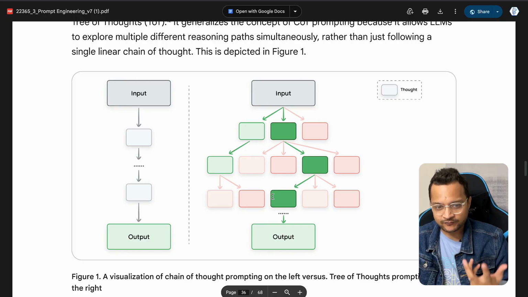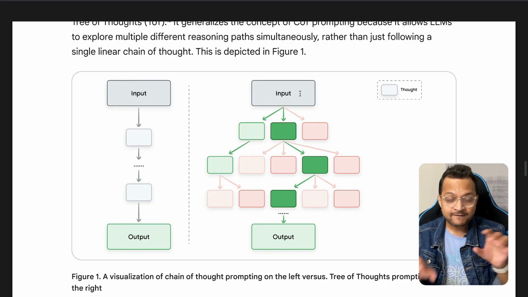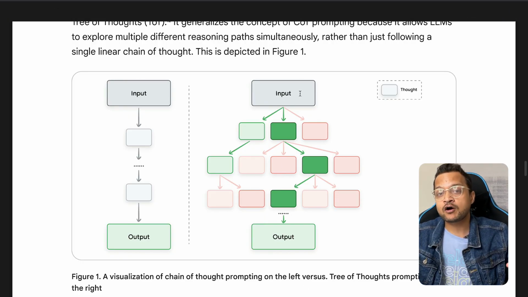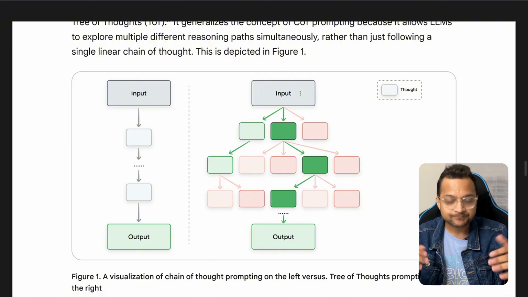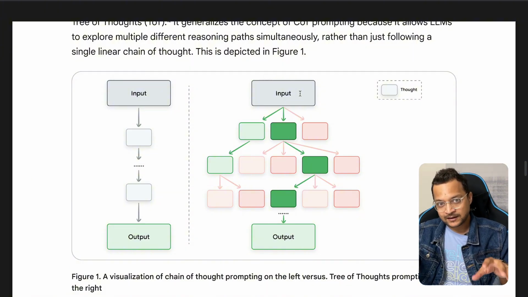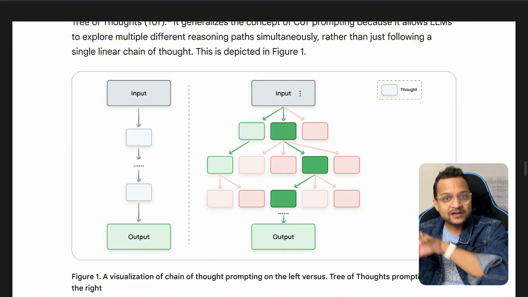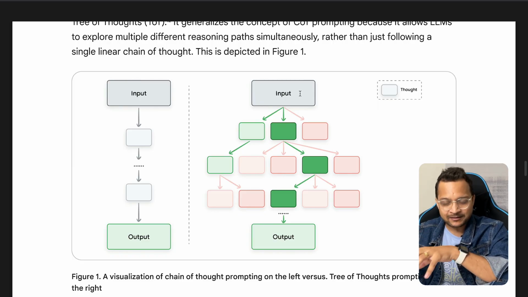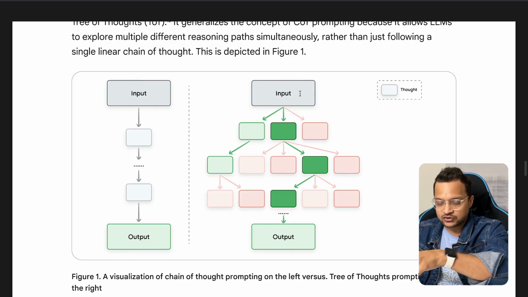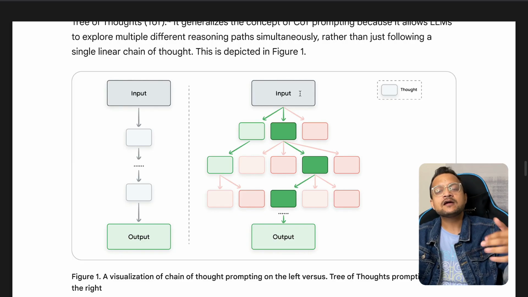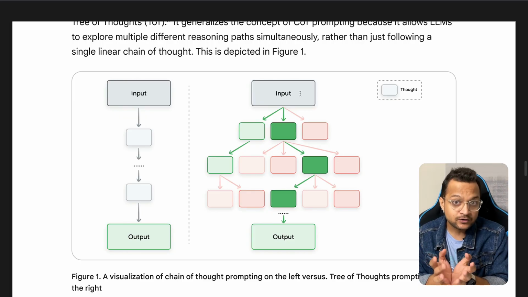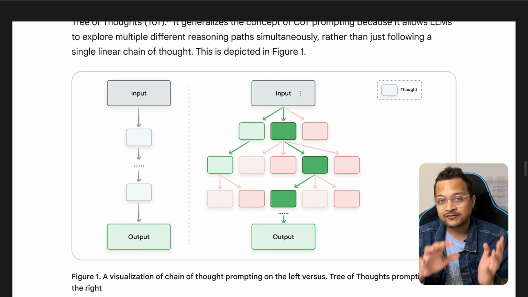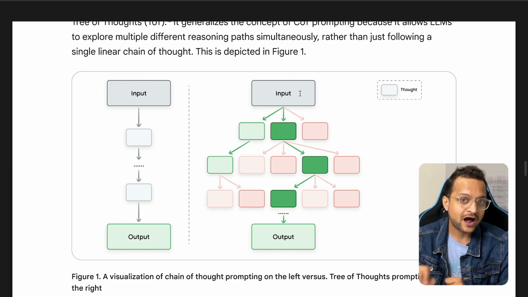But tree of thought says we have an input, and we have 3 different ways of solving the problem. Now each step again has 3 or 4 or maybe multiple different ways of solving a problem, and in this way we reach the output, which is really going to improve your answer.